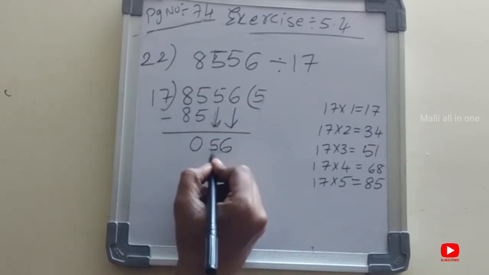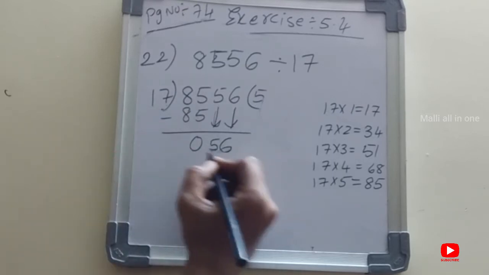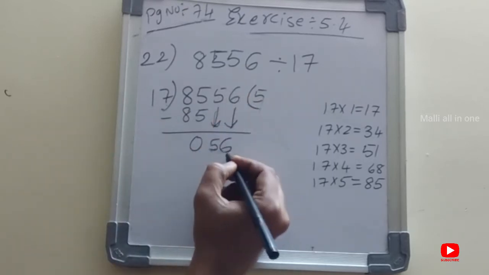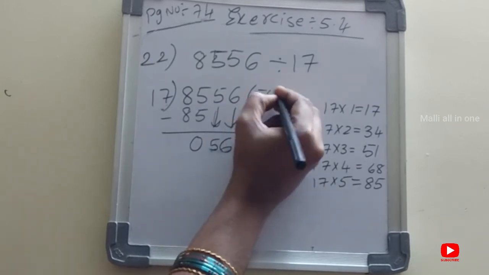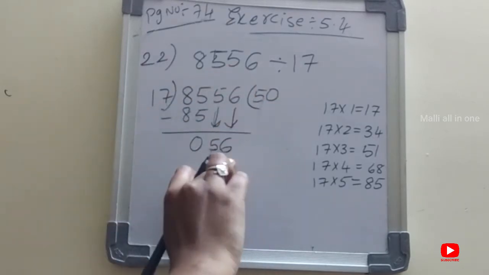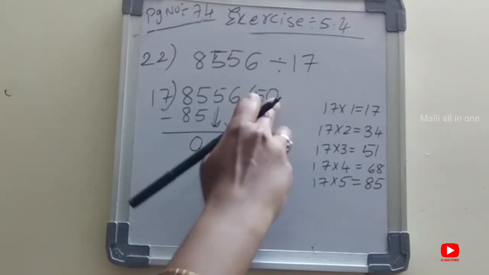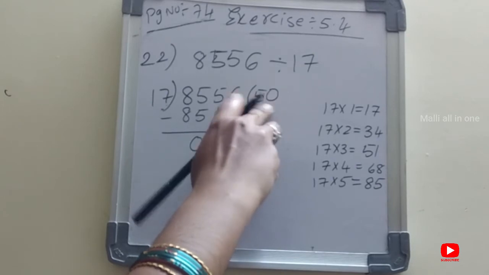Because 1 digit is not multiplied with 2 digits. So we should take 2 digits. When you take one more digit down directly, we should maintain 0. I said in the quotient we have to write 0. Then we have to take this digit also. When you are taking 2 digits at a time, you have to write one more 0 here.